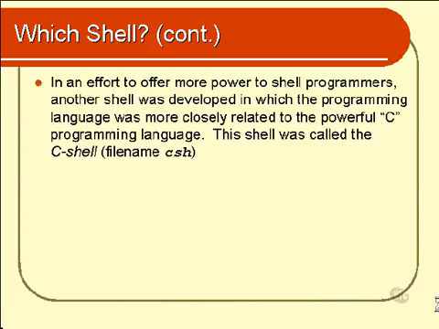You may or may not have heard of a programming language, a very powerful programming language called C. There was a movement at one stage among early C programmers who worked in Unix that they wanted to have a shell that would offer a programming language that was perhaps more powerful, or at least more similar to their favorite C language.